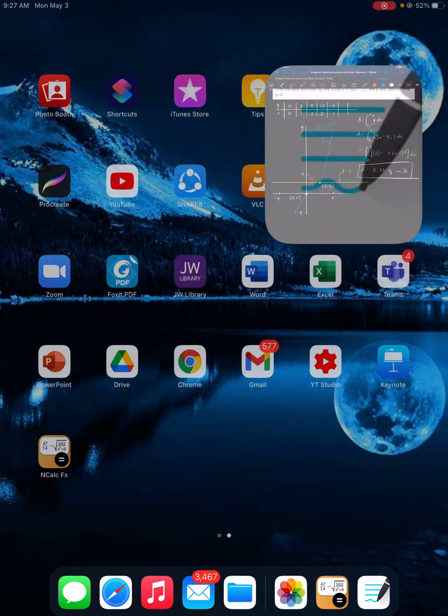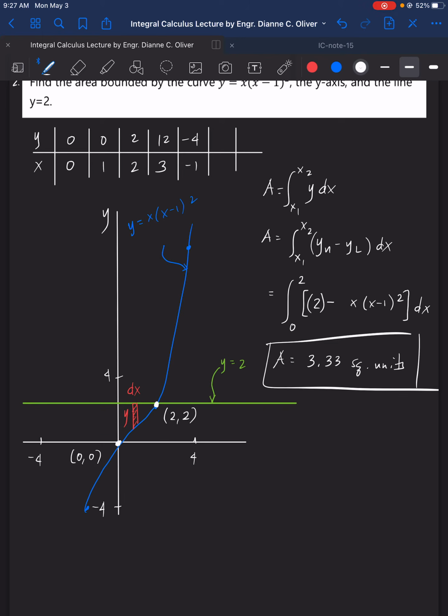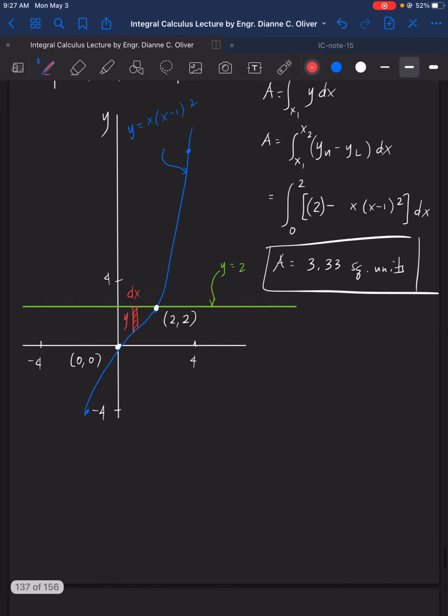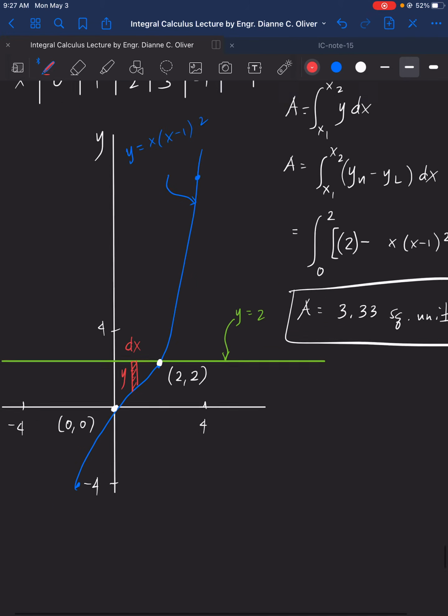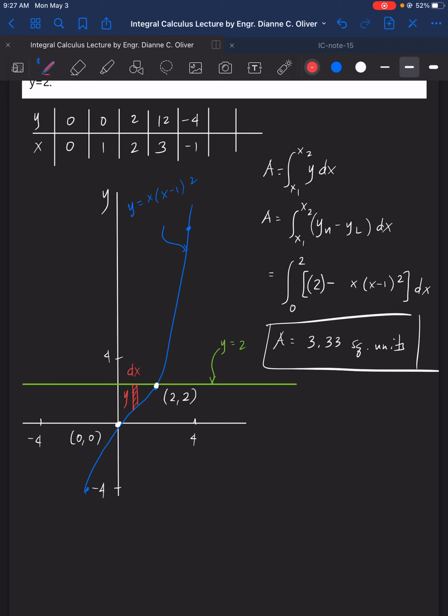Can we use the horizontal area strip here? Let's try. We're going to use the horizontal area strip. What will happen? So imagine this area strip here as horizontal. That becomes dy x. So area is equal to integral of x right minus x left dy, y1 to y2.